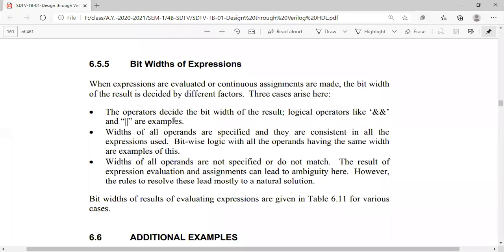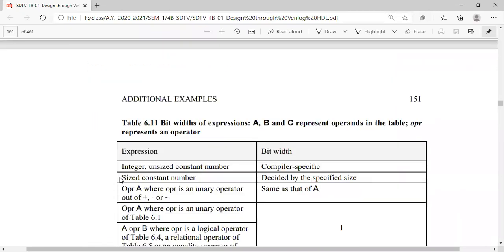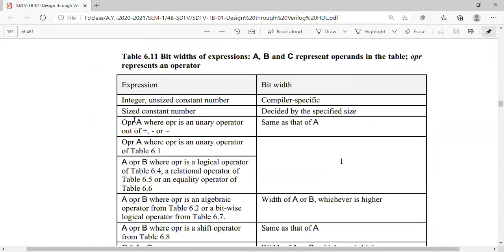So operators decide the bit width of the result, like logical and non-logical ORs. For that we also have a table here.